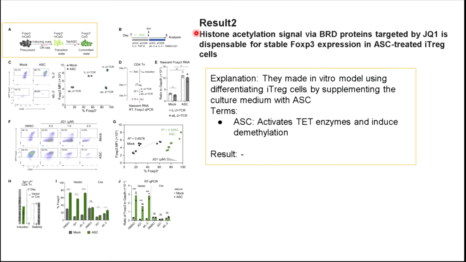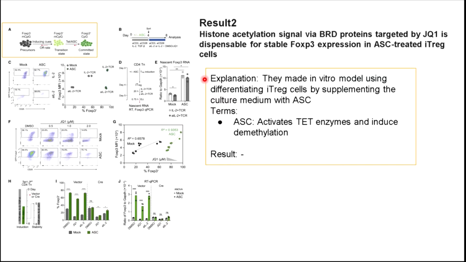They started to check the methylation status because previous research reported that TET-dependent DNA demethylation was proposed as the main mechanism acting in cis to lock in Foxp3 expression in committed Treg cells.